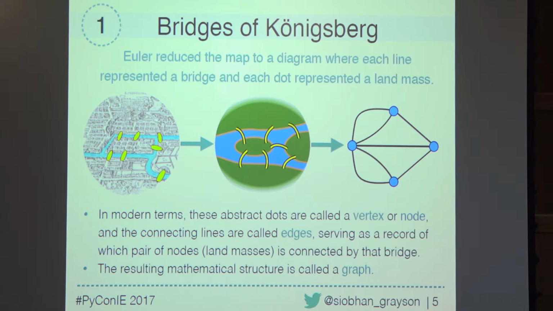As you can see as we move over, we get something where we have these blue circles, which nowadays we would call nodes or vertices, and we have these lines connecting them, which we call edges. These edges serve as a record of the pair of nodes or land masses that have a connection between them. And it results in what we now call a graph.